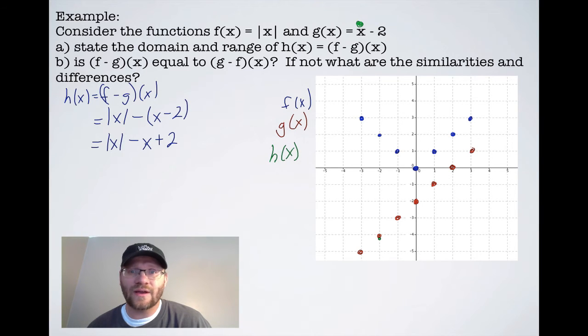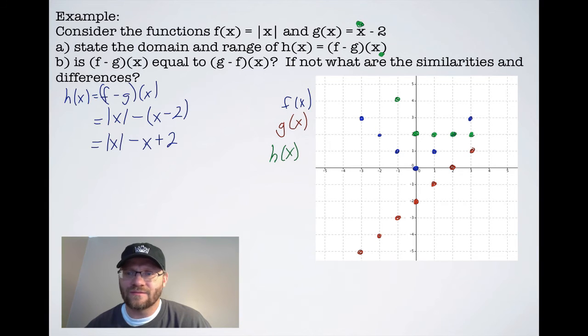Positive 2 subtract negative 4 is positive 6. 1 subtract a negative 3 is a positive 4. 0 subtract a negative 2 is positive 2. 1 subtract a negative 1 is 2. We've got a 2 subtract 0, which stays as 2. And we have a 3 subtract 1, which stays as 2 as well.